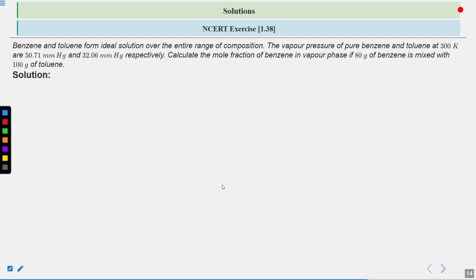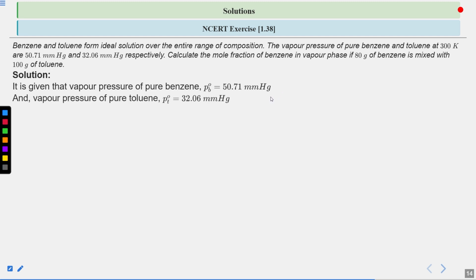Now we are interested in calculating the vapor pressure of benzene in the vapor phase. How will we do it? We know that for pure benzene, the vapor pressure is given as 50.71 mmHg. Similarly, for toluene, the vapor pressure will be 32.06 mmHg.